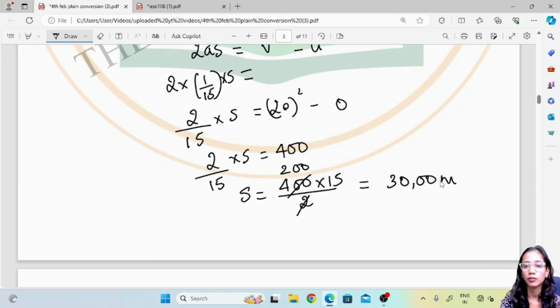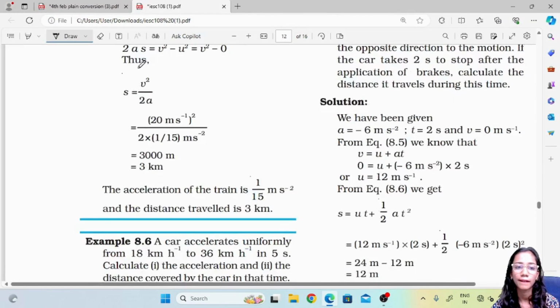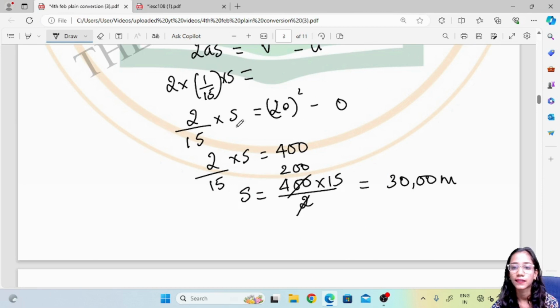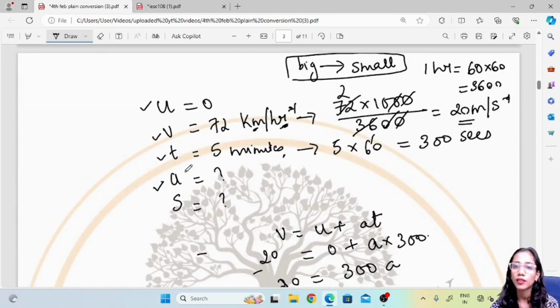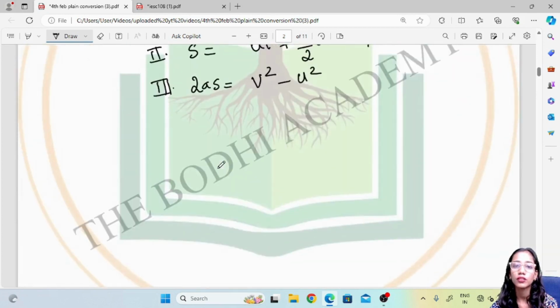The answer will be in meters. Sorry, 3000. So the answer will be 3 kilometers. The final answer. So this is how step by step you have to solve the problem.